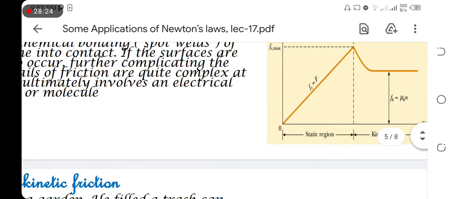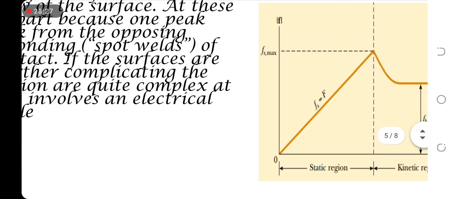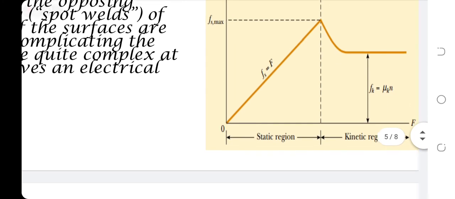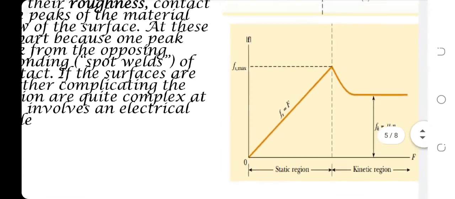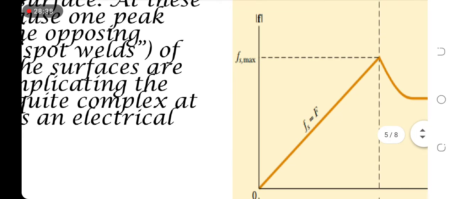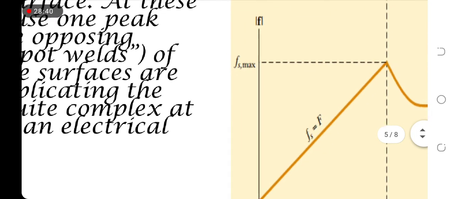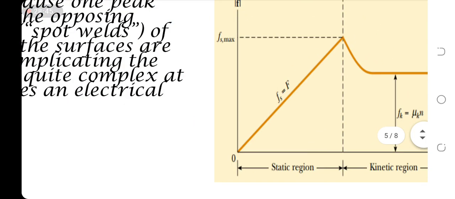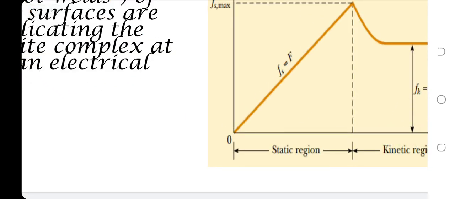In the first portion of this graphical representation, the applied force is on the horizontal axis and the force of friction and its magnitude is shown on the vertical axis. So in the first portion, the static region, we are seeing from the graph that as the applied force increases, the friction force also increases.